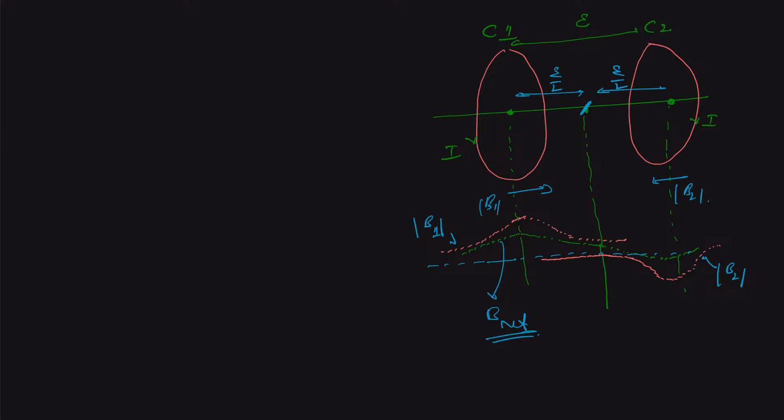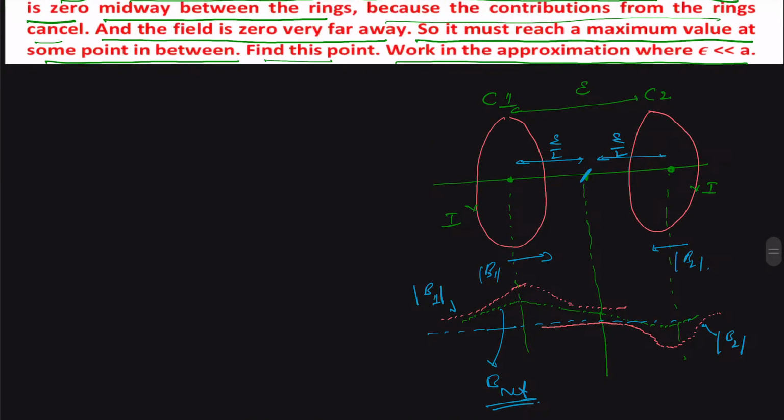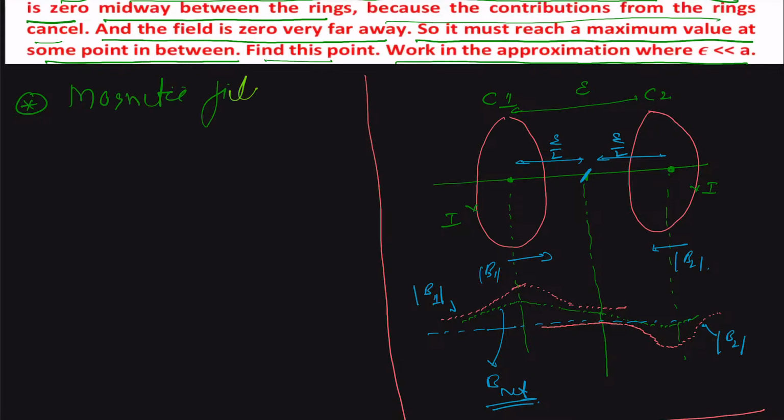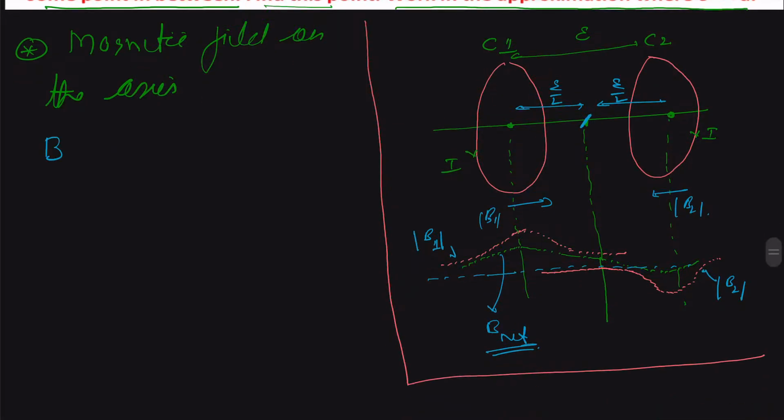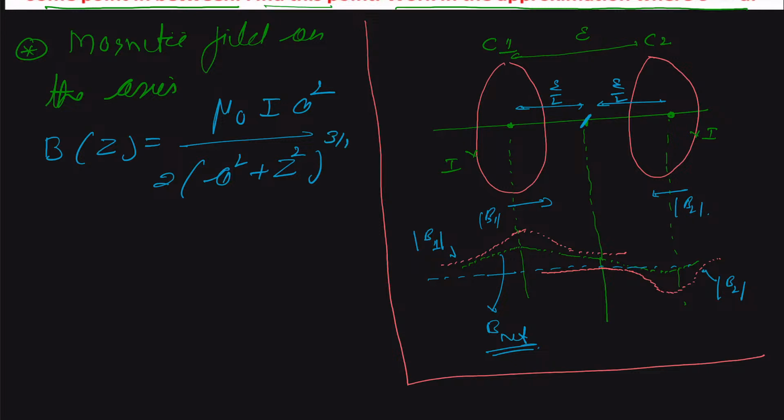Okay. So let us write the equation, and we can say the magnetic field on the axis, suppose that is our B, at a certain point Z, which will be equal to mu naught I a square upon 2 times (a square plus z square) raised to the power 3 by 2.